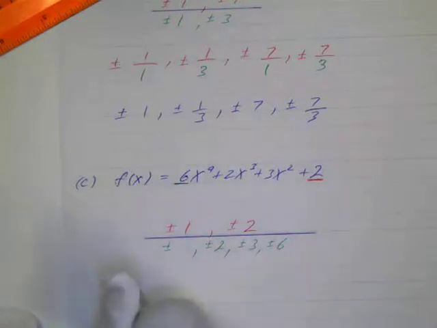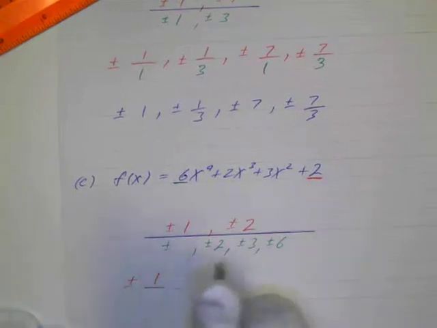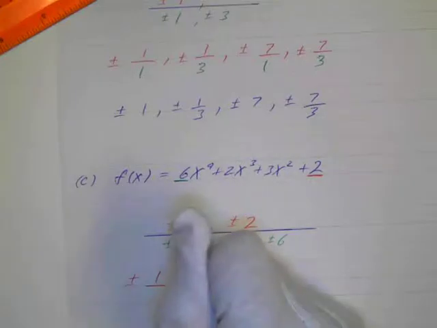So we've got plus or minus 1. And there would be 1, so plus or minus 1 over 1.